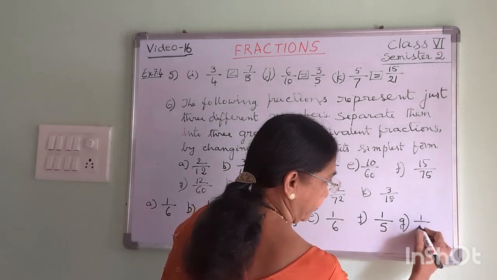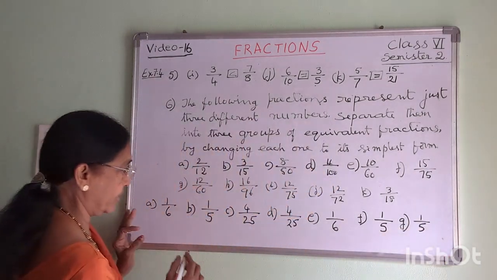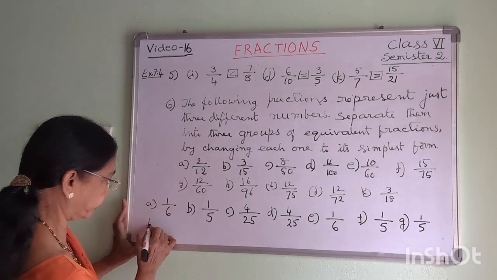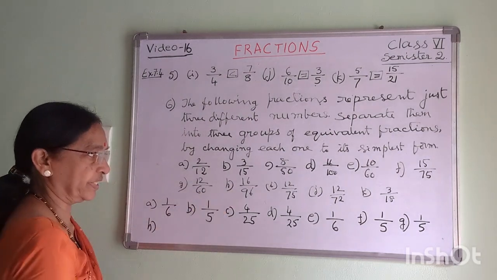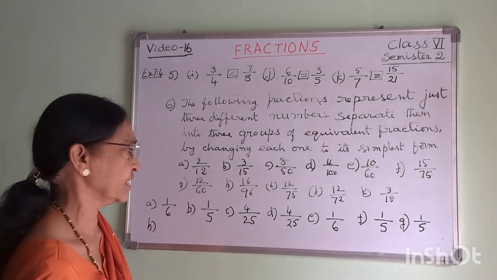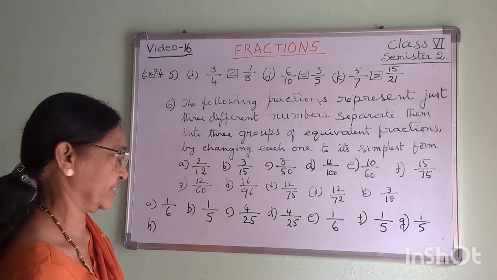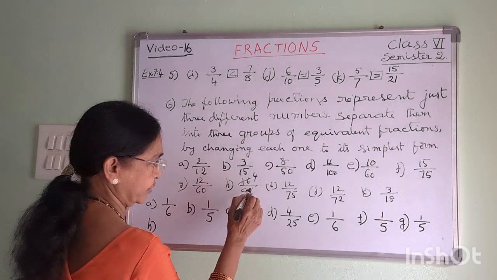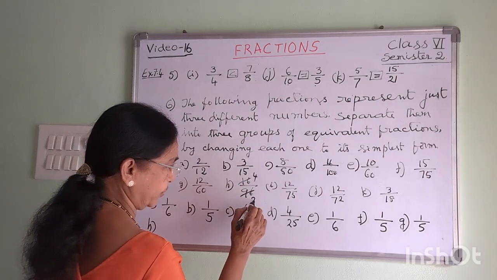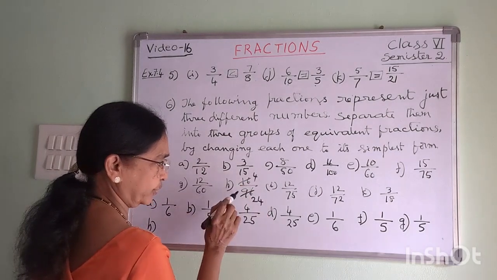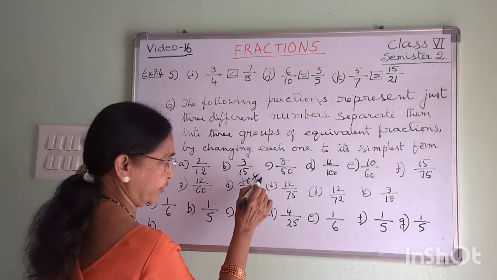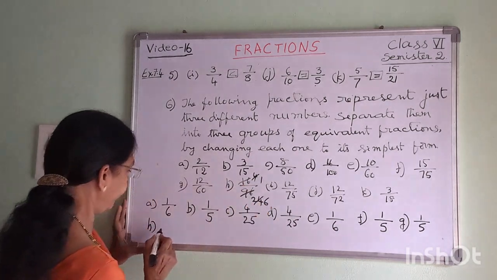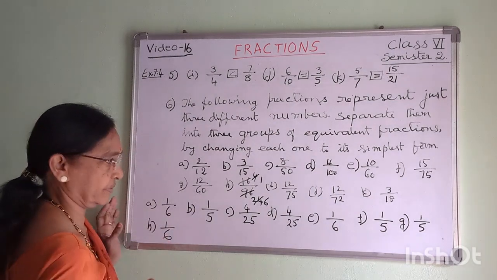So 1 by 5. Next H, 16 by 96. We will divide it first by 4: 4 fours are 16, 4 24s are 96. Again 4 ones, 4 6s. Therefore H is 1 by 6.